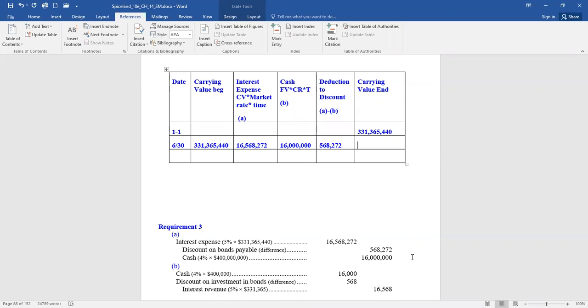It's at 400 million minus, sorry, I'm having a hard time with my calculator, 68,066,288. So now the carrying value actually increases for the amount of the discount we wrote off. Yeah, because we're going to be subtracting 568,272 less.